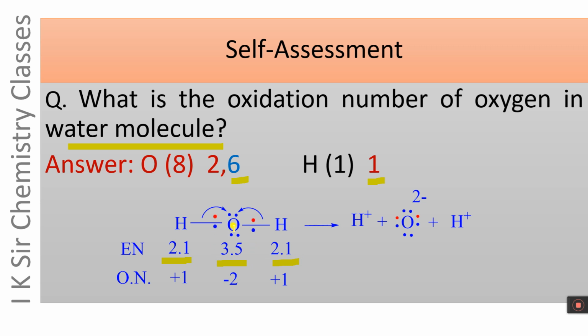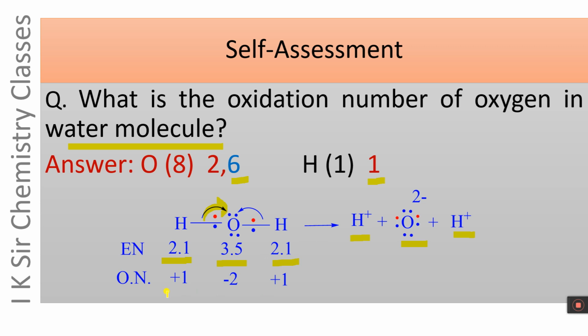Both the OH bonds are broken in such a way that both the electrons of the bond pair are transferred to more electronegative oxygen atom. As a result, +1 charge develops on hydrogen atoms and -2 charge develops on oxygen atom.